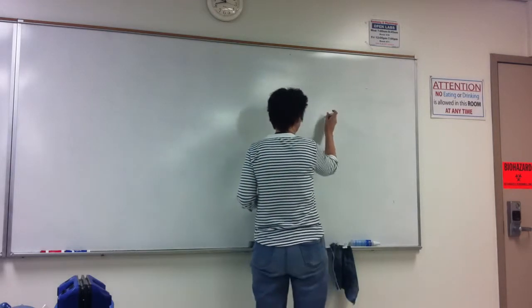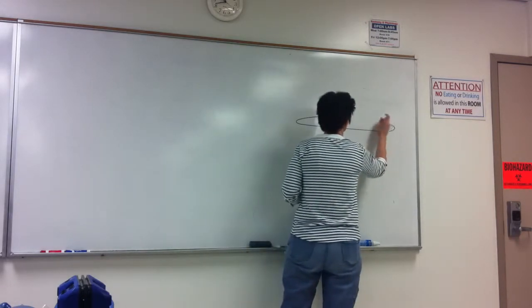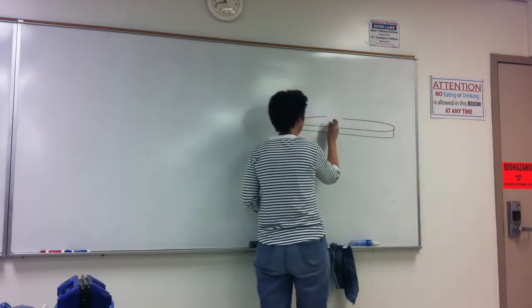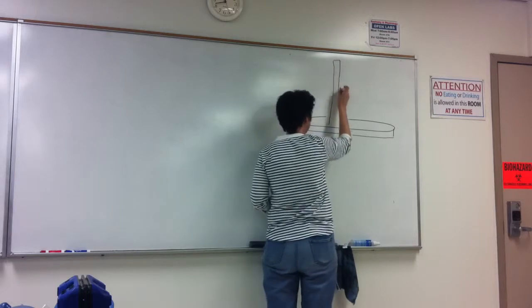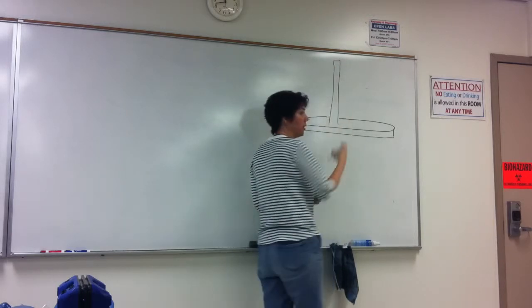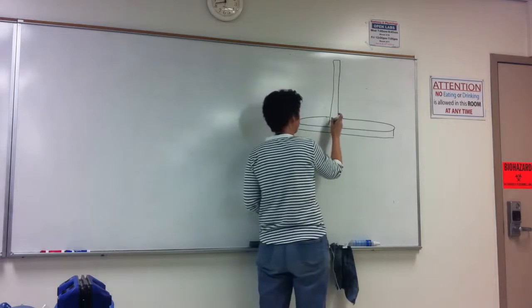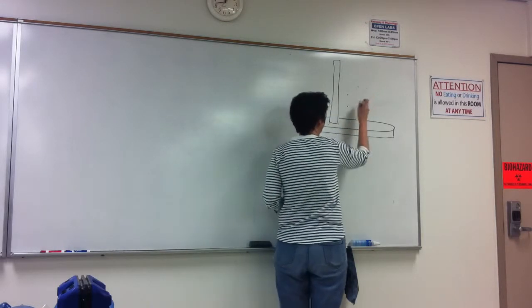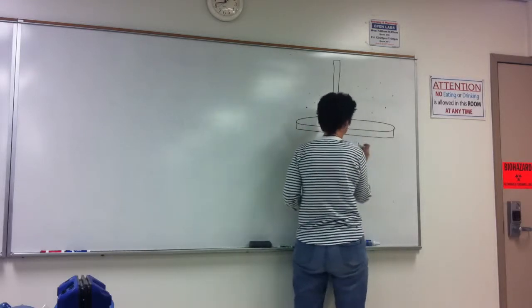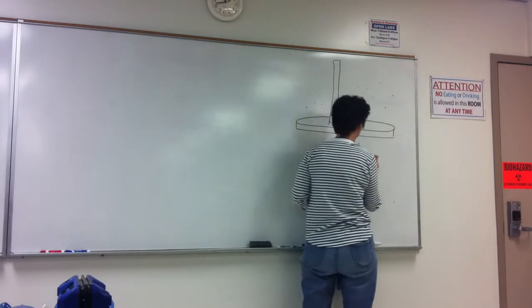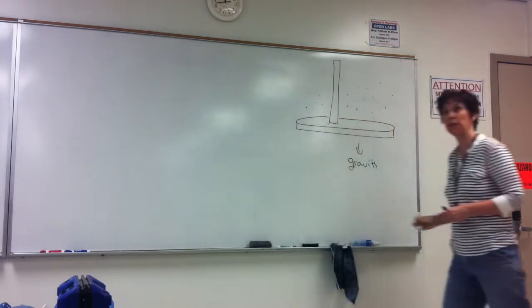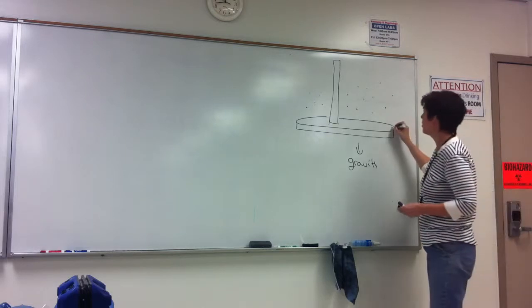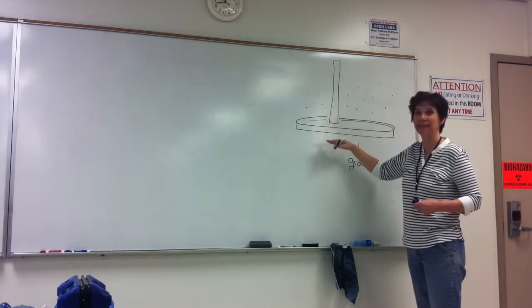So if we were to take a pan of mercury and place in that a tube that has no air in it, so it's at a vacuum, gravitational force is going to pull those molecules of gas, be it carbon dioxide or nitrogen or oxygen, onto the surface of this pan.